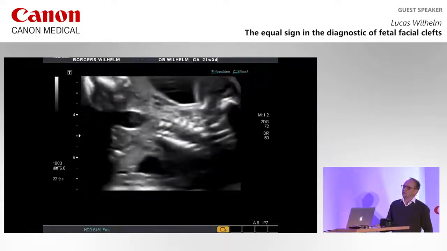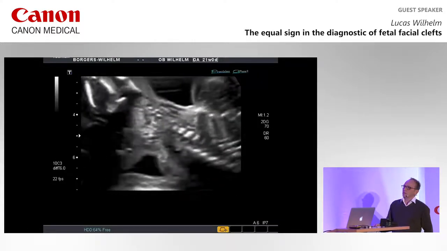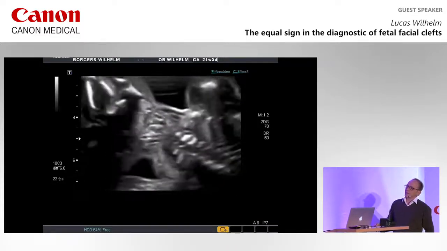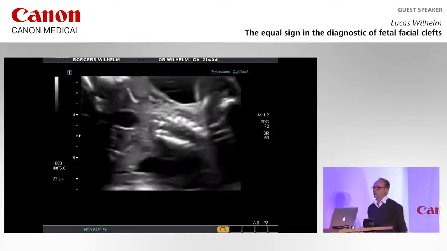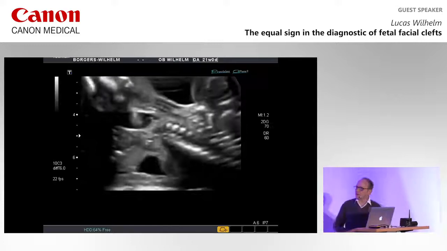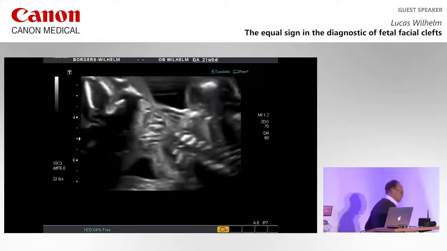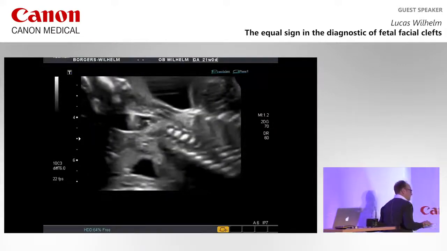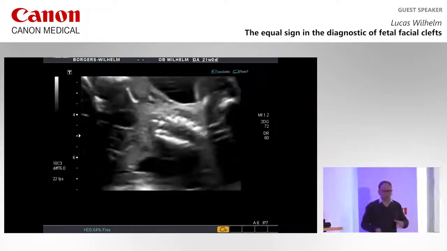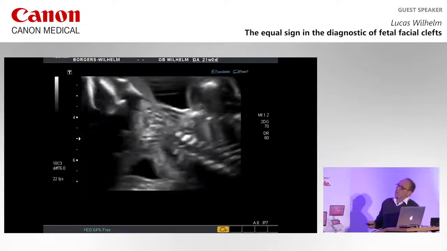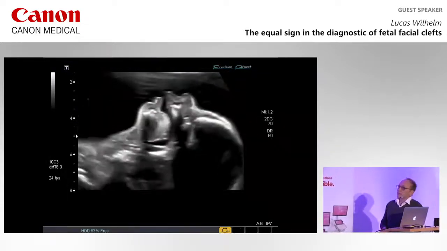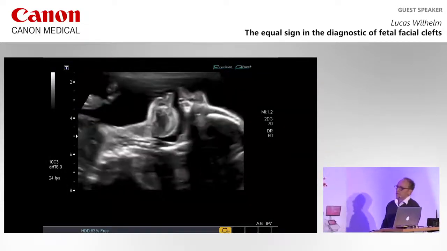I go back to the pharynx, and I'm searching here in the pharynx for the equal sign, but I couldn't find it. So this is the indication it could be. So the next step is the assessment of the palate in the mid-sagittal section.